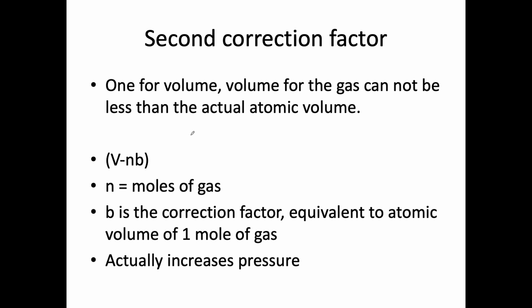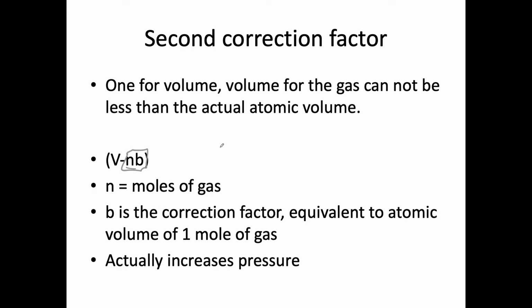Then the second correction is for volume. As we lower the temperature, the actual volume that the gases can occupy cannot be any less than our correction factor, the number of moles of gas, and the actual size of the gas molecules.